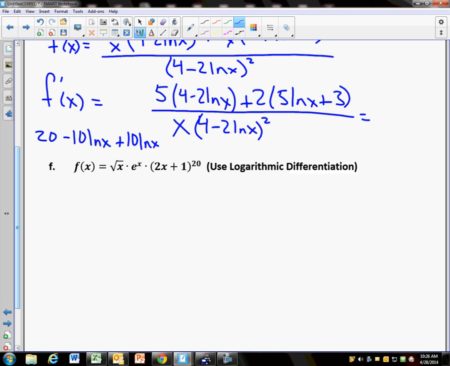Oh, isn't that nice? Plus 6 all over that x times 4 minus 2 natural log of x quantity squared. So negative 10 natural log of x, positive 10 natural log of x. So what number do you get on the top? 26 over x times 4 minus 2 natural log of x quantity squared.